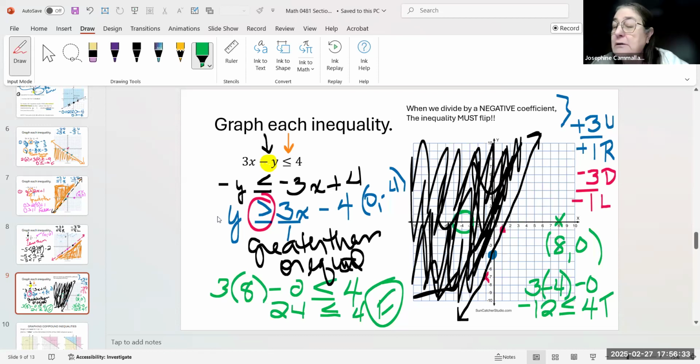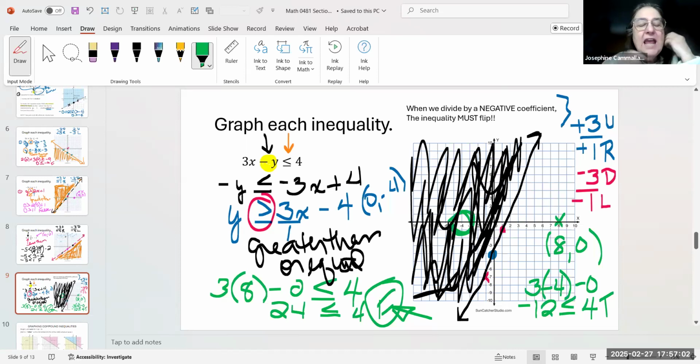So you can check in the area and outside the area. If it's outside, the inequality better come up to be false. If it's in the area, as we did with that circled point in the middle of the black area, and it comes out true, I've shaded in the right place.